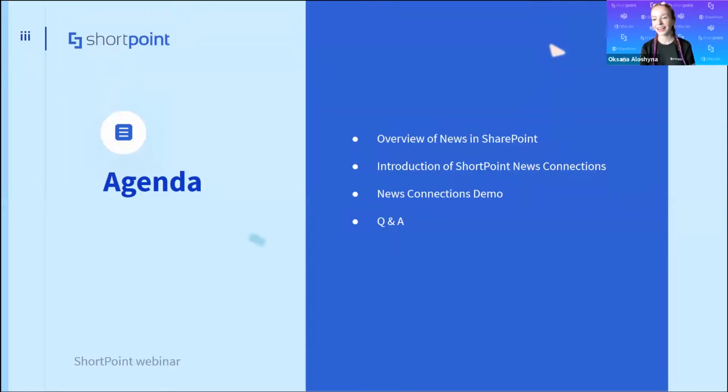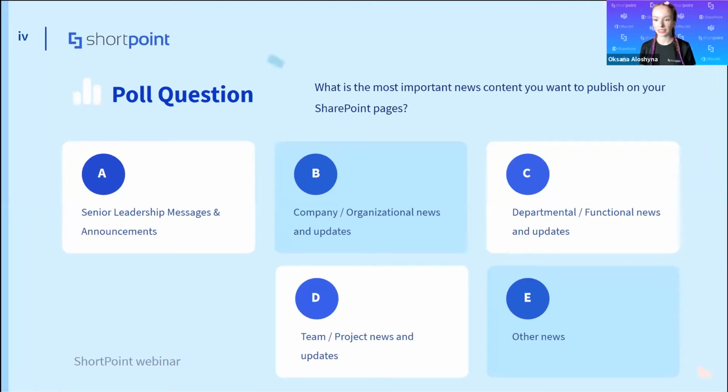We would like to start immediately with our first poll. We would like to know what news is the most important that you use on your SharePoint pages. What news content is the most used in your SharePoint tenant?